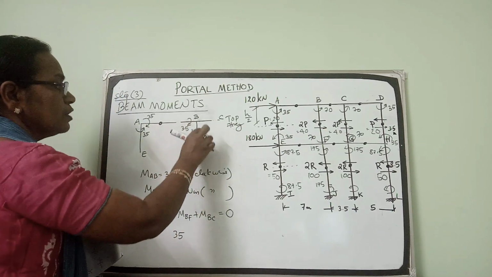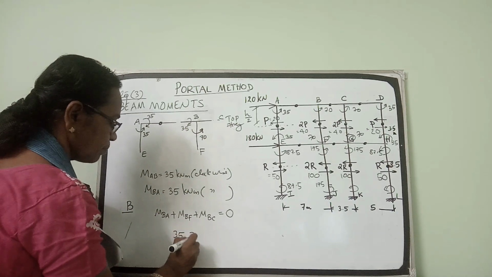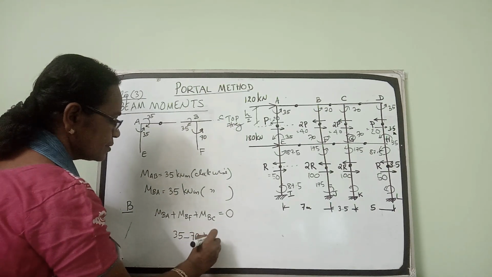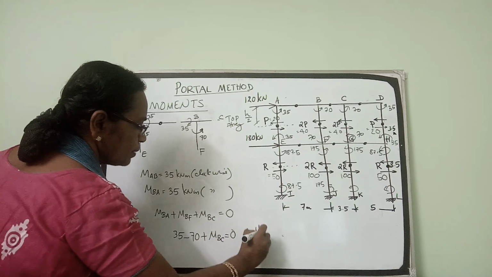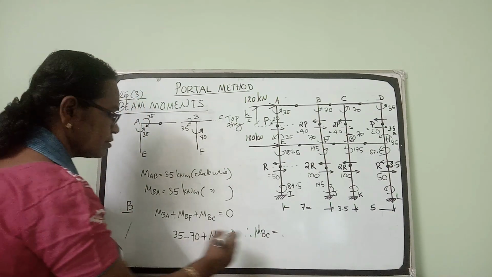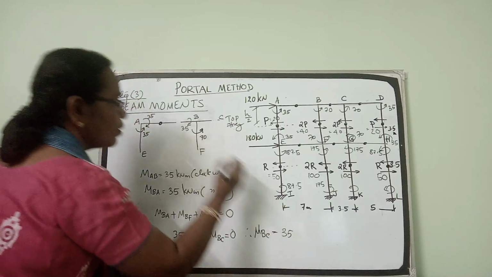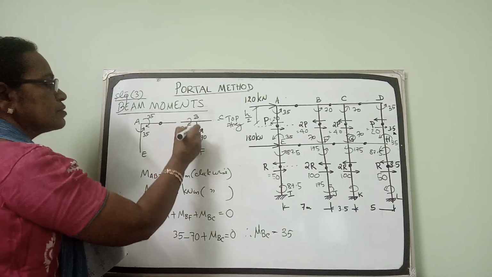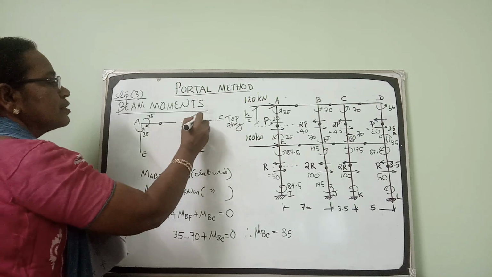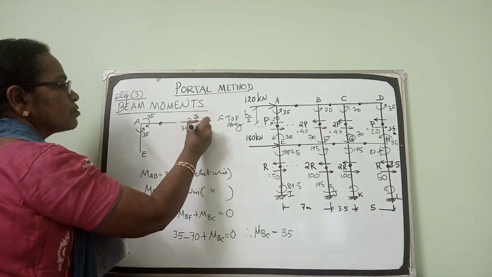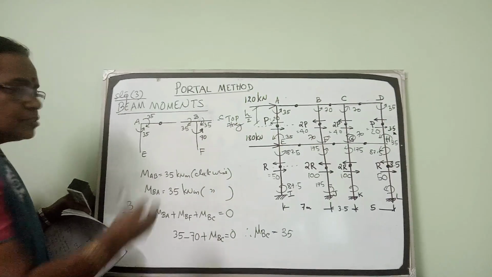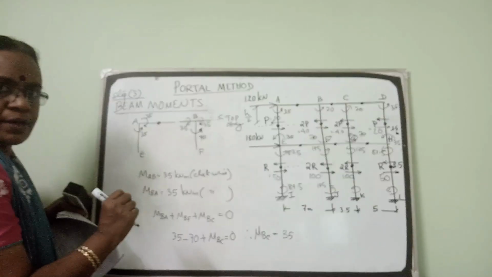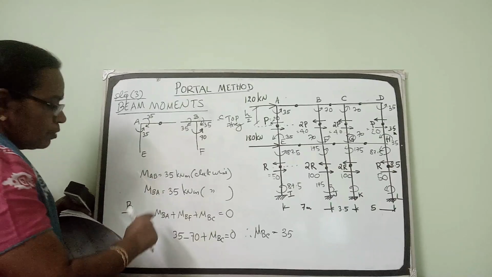MBF is anti-clockwise, so minus 70, plus MBC is equal to 0. Therefore, MBC is 35. Or by looking at the figure itself, there is anti-clockwise 70, so there should be clockwise 35. Here also there should be a clockwise moment of 35. So this joint is in equilibrium. That is one way you can do it.